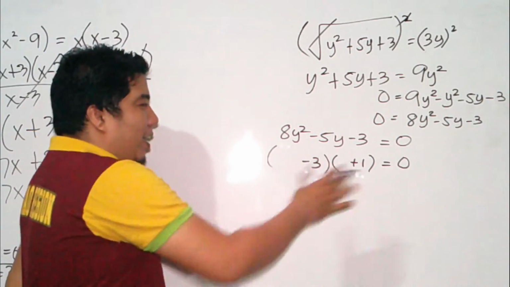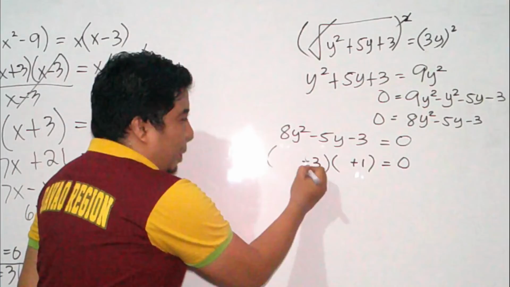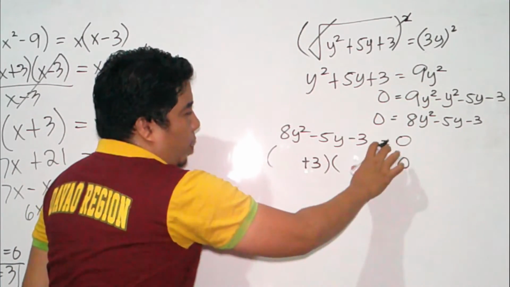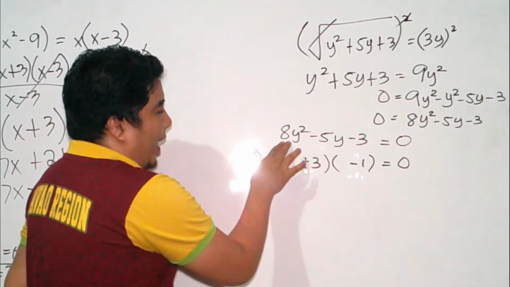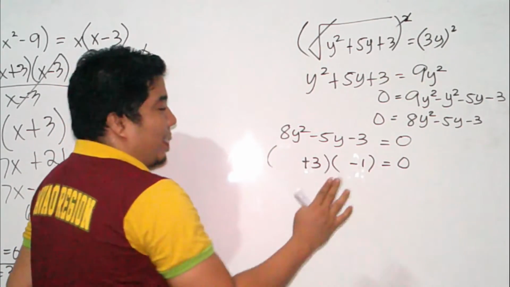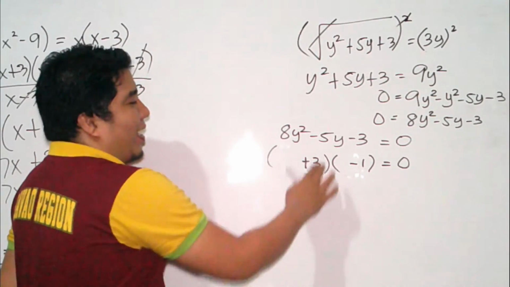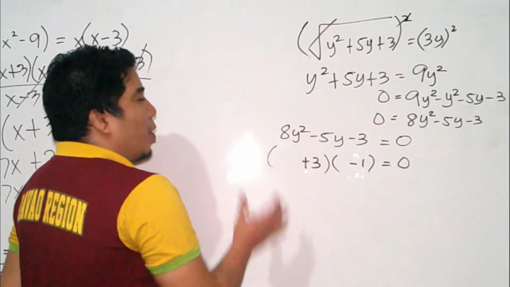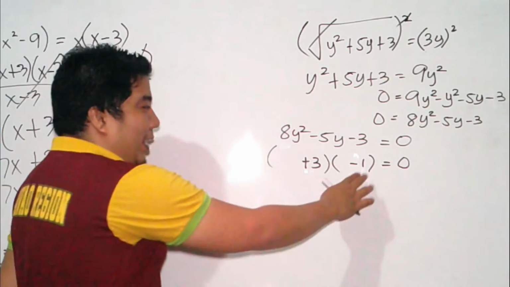Okay, so therefore, the sign here is the problem. So, we can just make this as positive 3, and we can just make this one as negative 1. Okay, now, let's try again. 8 times negative 1, that is negative 8. Negative 8 plus 3, that is negative 5. Therefore, we have 8 as our multiplier for the negative 1.